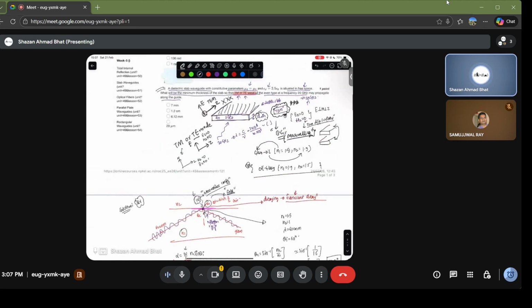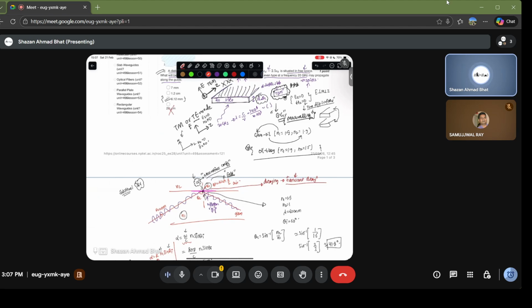This was question 3, so it will be around 6.12 millimeters. You see that this cannot be the answer. It cannot be 29 micrometers, because if it falls to a value which is less than the wavelength we computed earlier, then you pretty much are below the diffraction limit.